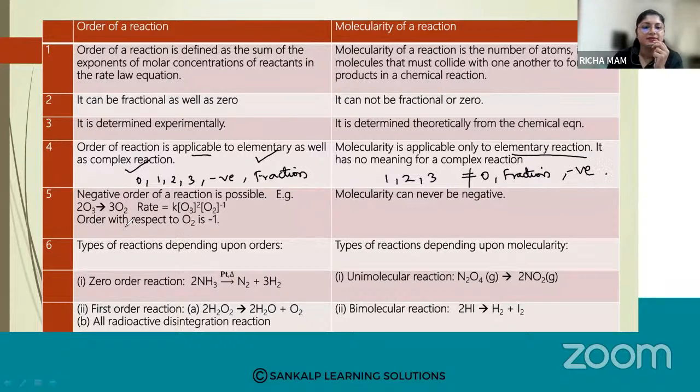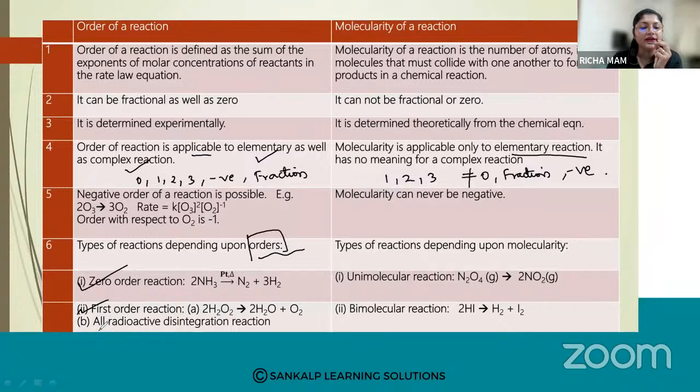Okay, then, the types of reactions depending upon the order. Whenever the order of reaction is given, depending upon the type of reaction, the order can be zero order, or first order.